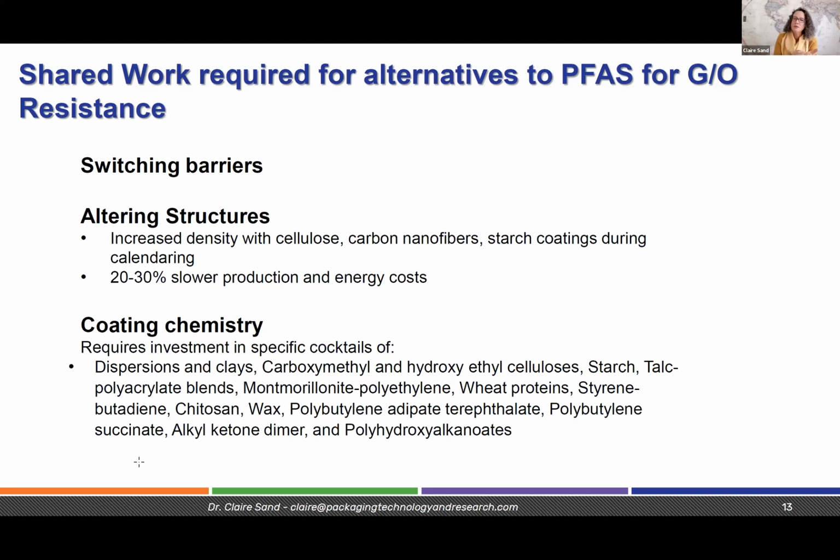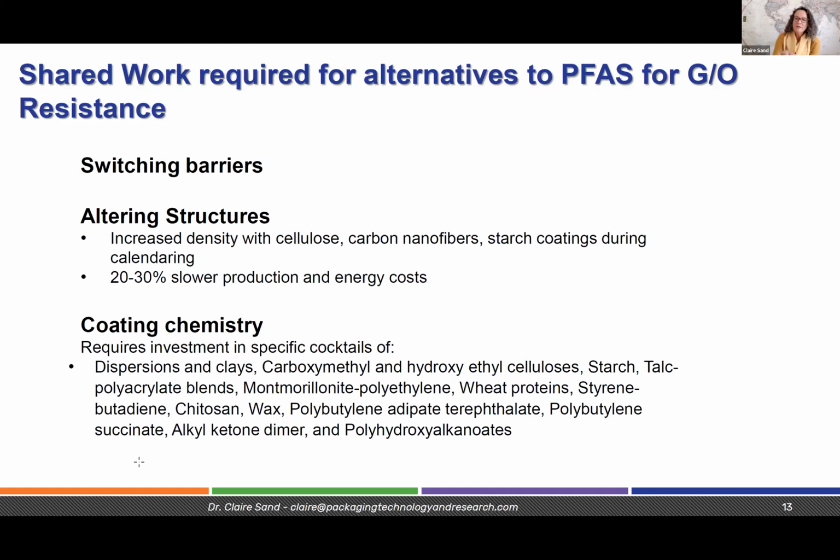The other thing we can do is alter the structure, so we can change the cellulose external structure. We can use starch-based coatings. We can do all sorts of things. But a lot of these, especially increasing the density of paperboard, will result in slower production and then higher energy costs, all of which translate to sometimes as much as 40% cost increases.